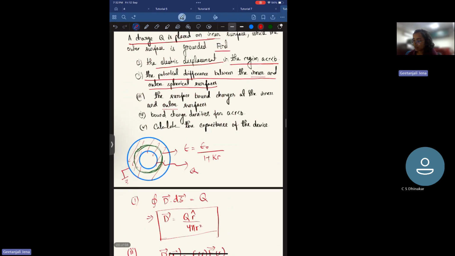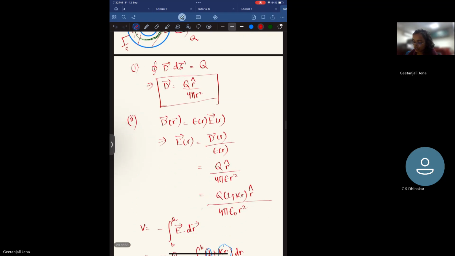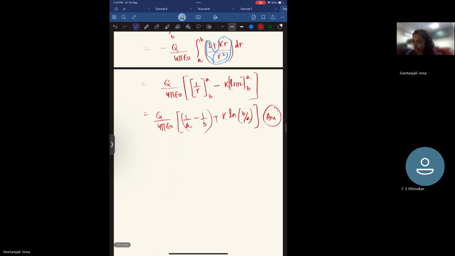Potential is done now. Next, we need to calculate the surface bound charges at the inner and the outer sphere, which is quite straightforward because we've already solved a similar problem. So for the surface charge densities, we need P, right?